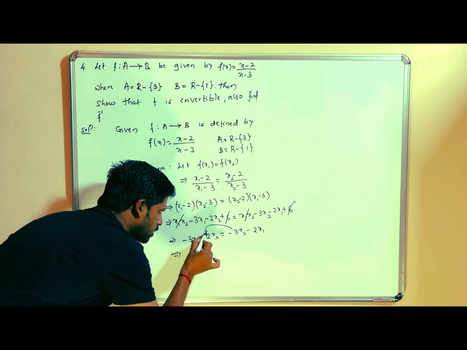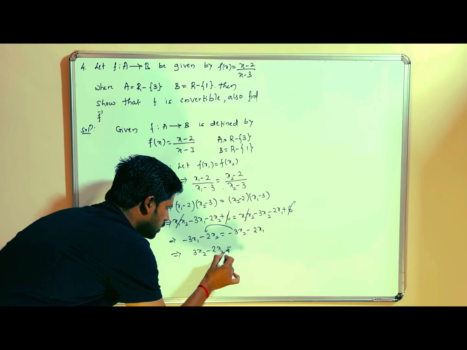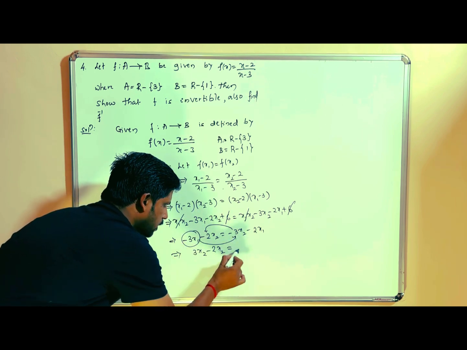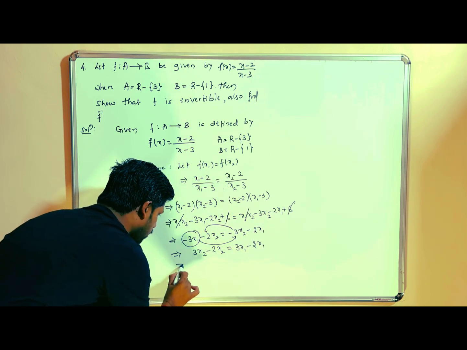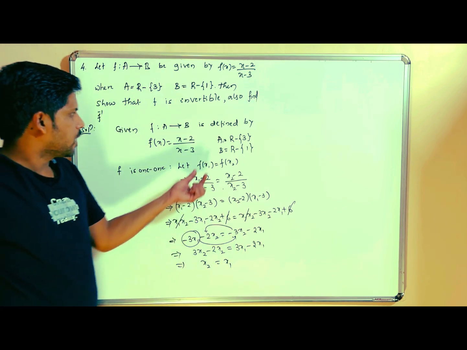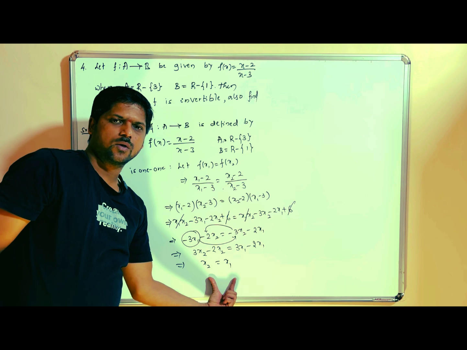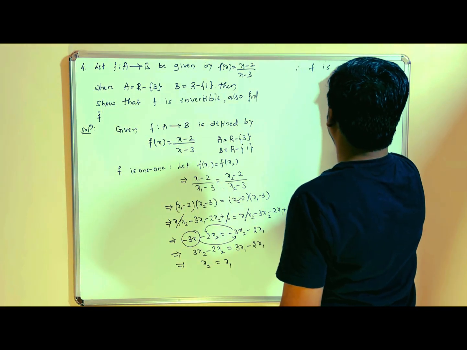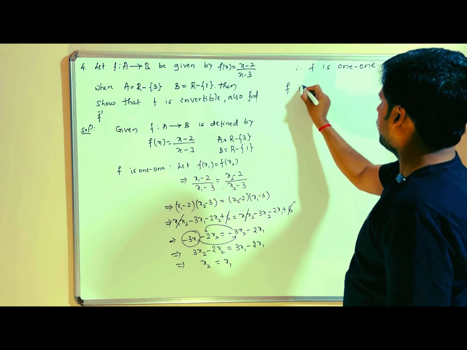Then minus 2x2 on the LHS, and transfer to the RHS plus 3x1 minus 2x1. We get x2 is equal to x1. So f of x1 equal to f of x2 gives x1 equal to x2. Then we say that f is one-one.